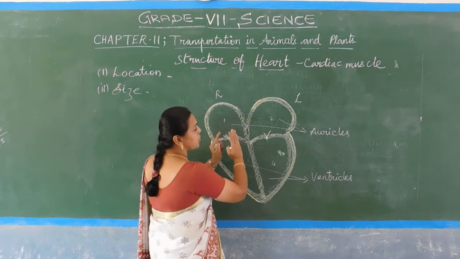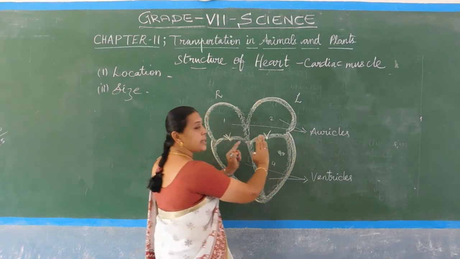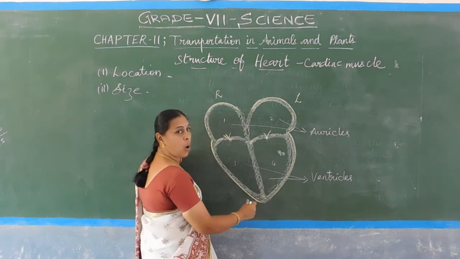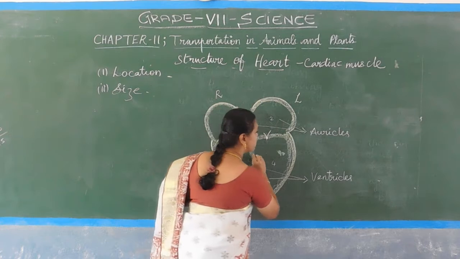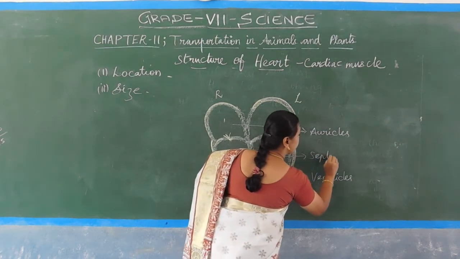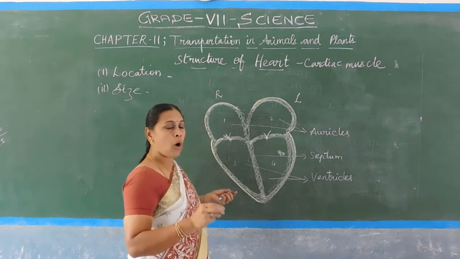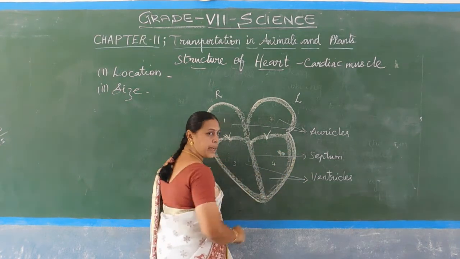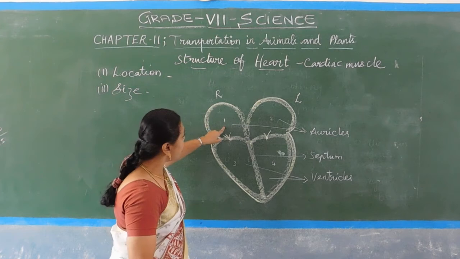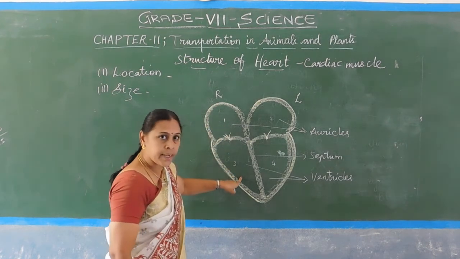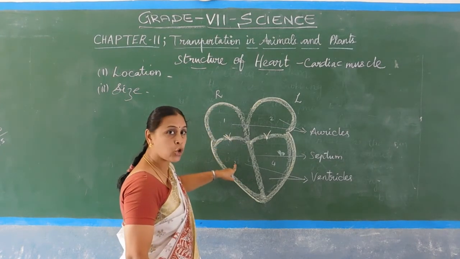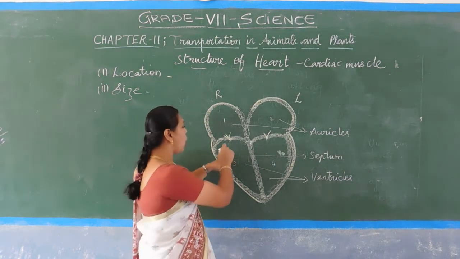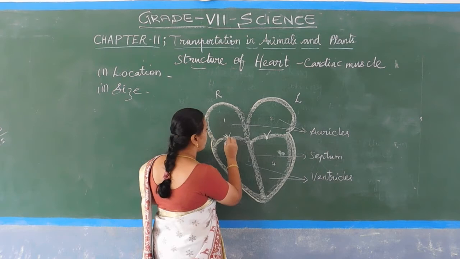And this right side and left side are separated through a thick muscular wall called septum. The muscular wall dividing the right and left side of the heart is called septum. The right auricle and the right ventricle are connected through an opening guarded by a wall called Tricuspid Wall.